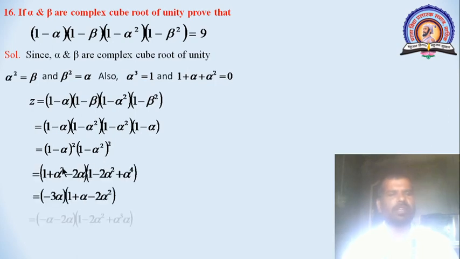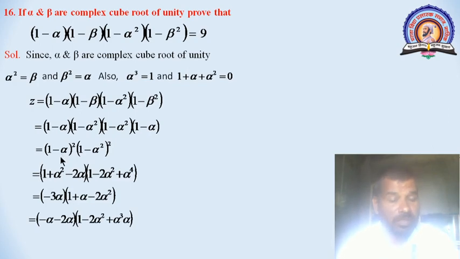Squaring these two terms, we will get (1 minus 2 alpha plus alpha square) into (1 minus 2 alpha square plus alpha raised to 4). In this, the value of 1 plus alpha square, using this equation, is minus alpha.